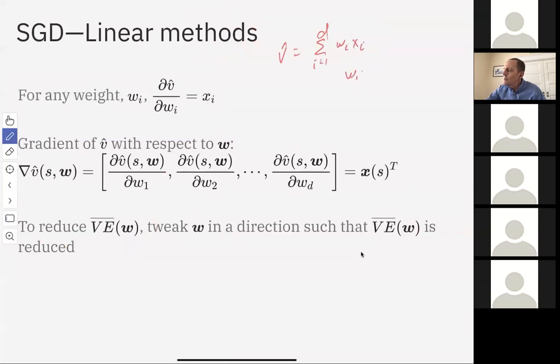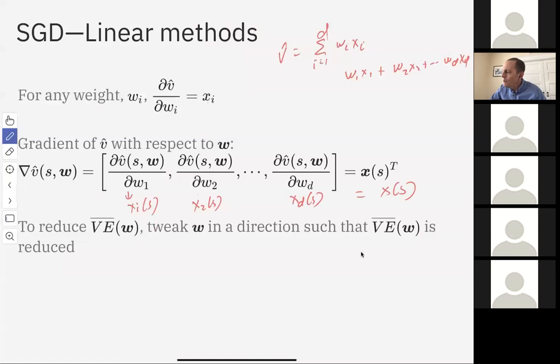So that's w1 x1 plus w2 x2 plus wd xd. When you take the derivative with respect to any particular weight, it's just going to be the associated x. The gradient is just going to be a bunch of x's: x1 of s, x2 of s, all the way to xd of s. And that is just equal to x of s.